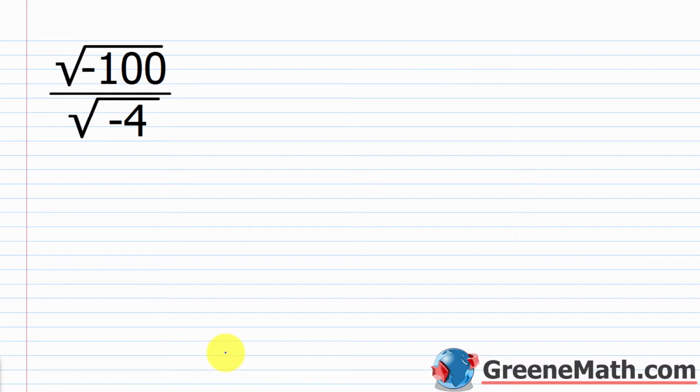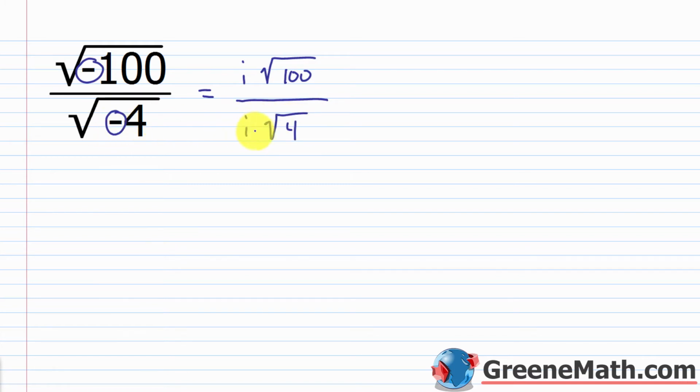All right, now let's take a look at a division problem. So we have the square root of -100 over the square root of -4. Again, I don't want to just go through and say, hey, this is the square root of -100 over -4. What we want to do is set this up as i times the square root of 100, just taking that out and replacing with i, over i times the square root of 4.